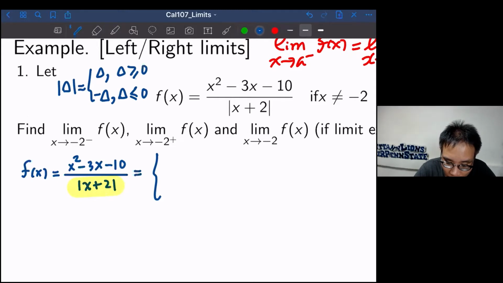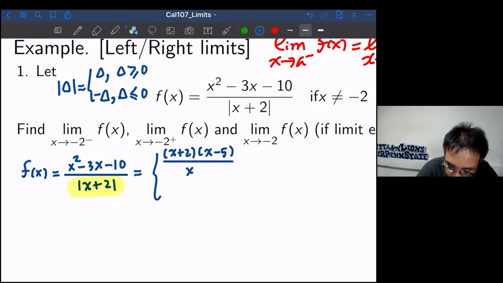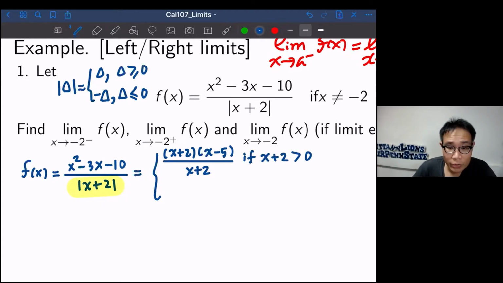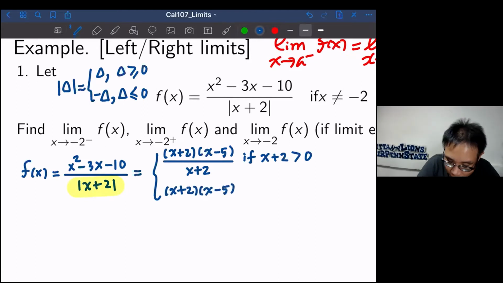You'll be able to factor the top: it's (x plus 2)(x minus 5) over the absolute value of x plus 2. If x plus 2 is positive, it cannot be 0 because it's in the denominator, so you have (x plus 2)(x minus 5) over x plus 2. If x plus 2 is negative, you have (x plus 2)(x minus 5) over the negative of (x plus 2).